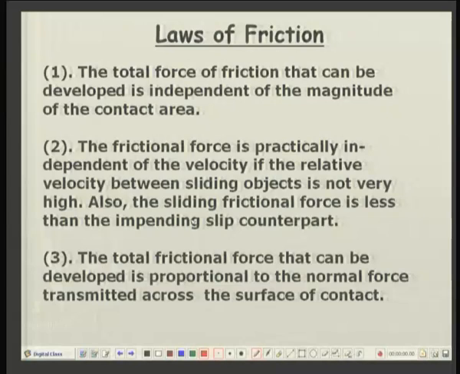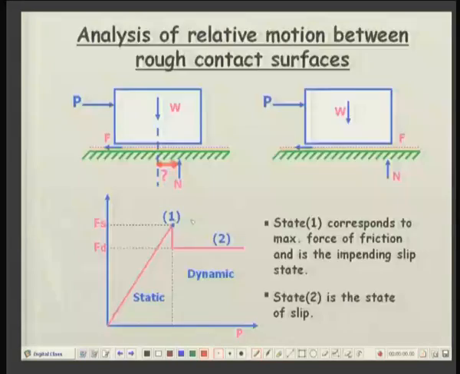Now, within the context of Coulomb friction, let us examine the various laws governing this friction. First of all, the total force of friction that can be developed is independent of the magnitude of contact area. You remember in an earlier diagram I gave you 2 examples.